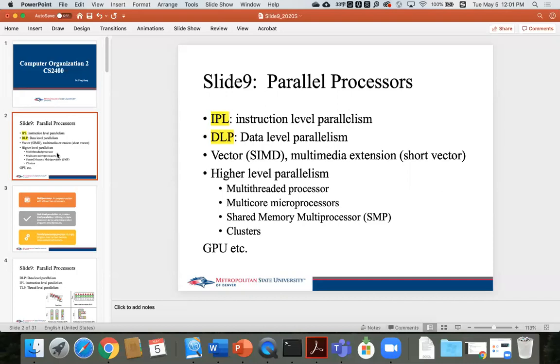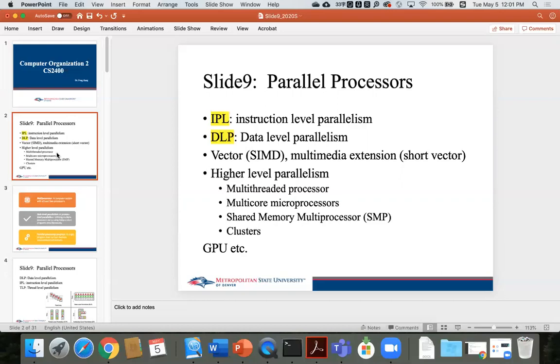So the pipeline processor is a relatively lower level parallelism technique that we have introduced. There are also some other high level parallelism techniques such as multi-threading and multi-core computers. Almost everyone is using a multi-core processor right now in modern computers.